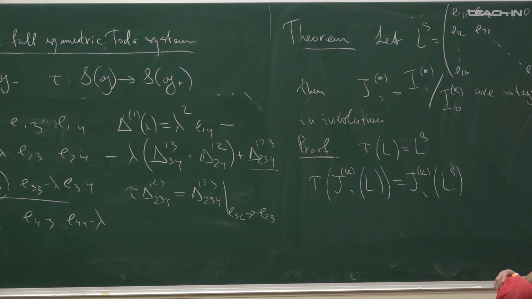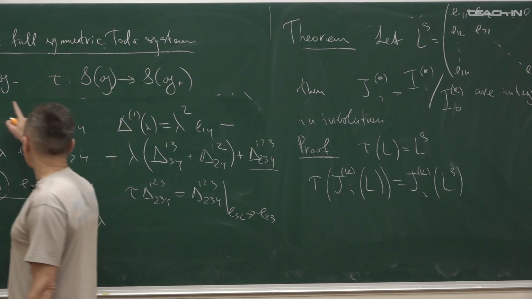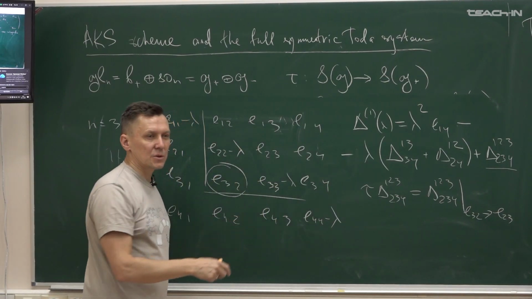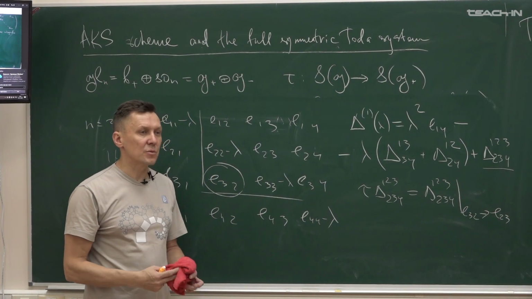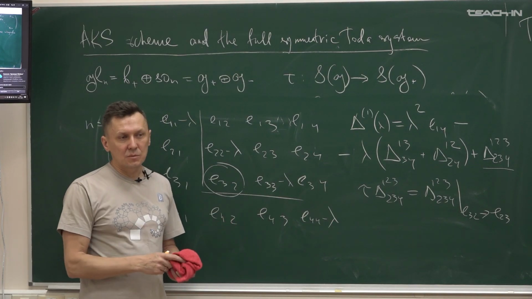Can you explain how did you calculate this determinant? The determinant is the free term in this characteristic polynomial, in this partial characteristic polynomial. Free term, it is always the value at lambda equals 0. Okay?